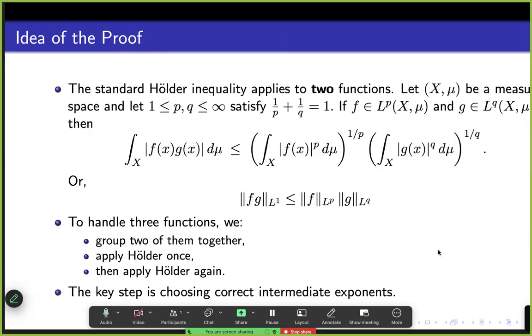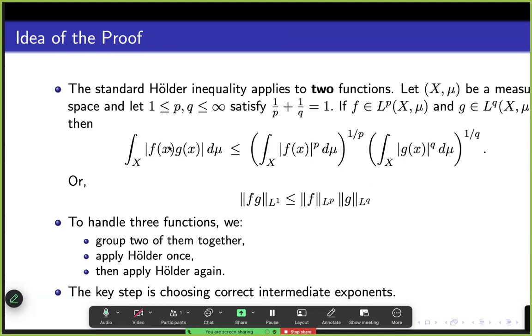To prove this, the idea is to consider the Hölder inequality, which generally applies to two functions. If we have the measure space (X, μ) and p and q are two numbers between 1 and infinity that satisfy 1/p + 1/q = 1, and if f is a function in L^p and g is a function in L^q, then we have this inequality.